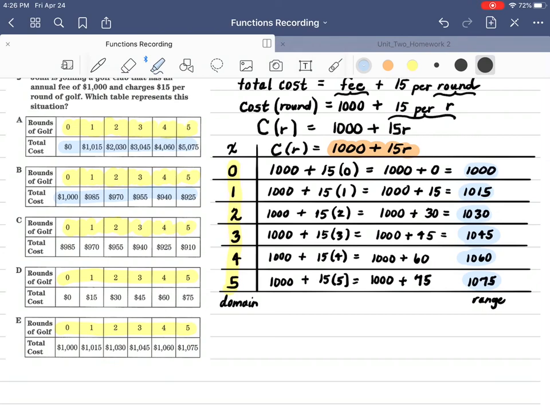In row B, it's dropping. That doesn't make sense because he would be adding money each time he played golf. Same with row C. D is just way too small. But look at E. That matches our range to the letter, and that's what we want.